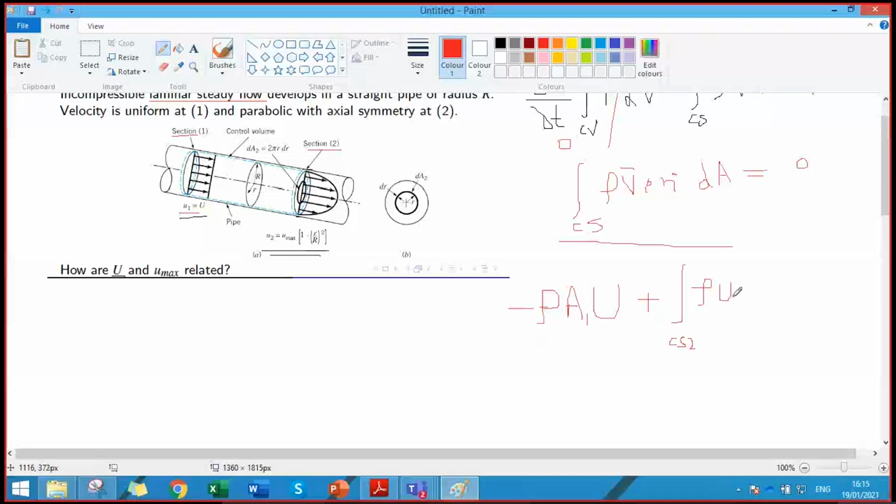We can eliminate this n because we have already decided that it's an outlet, so we don't need to write the dot product, into dA2, should be equal to 0. Is this clear? Yes, sir.